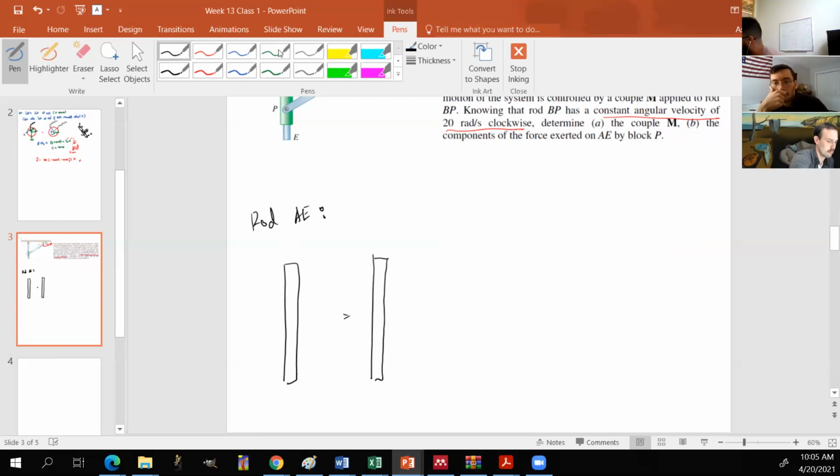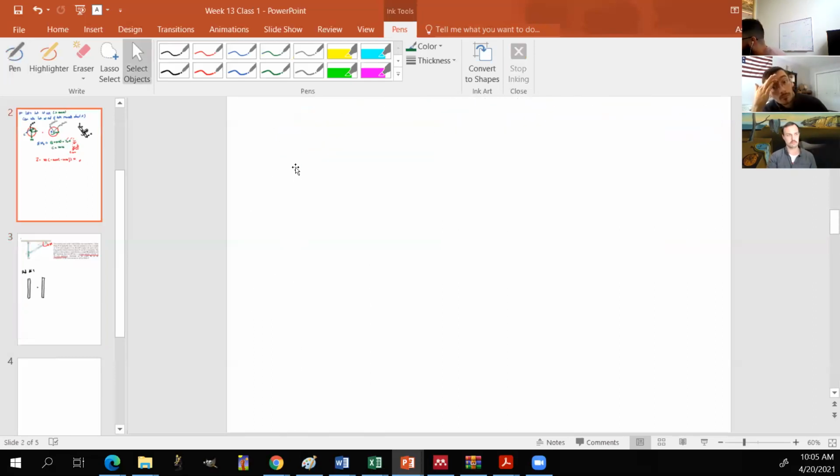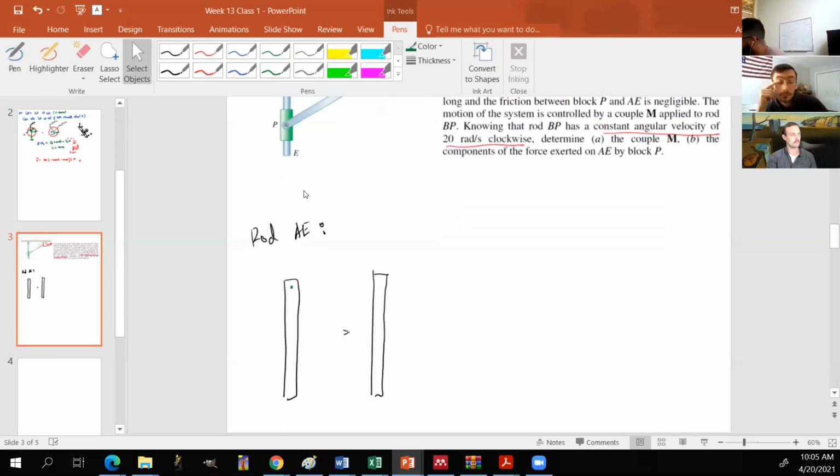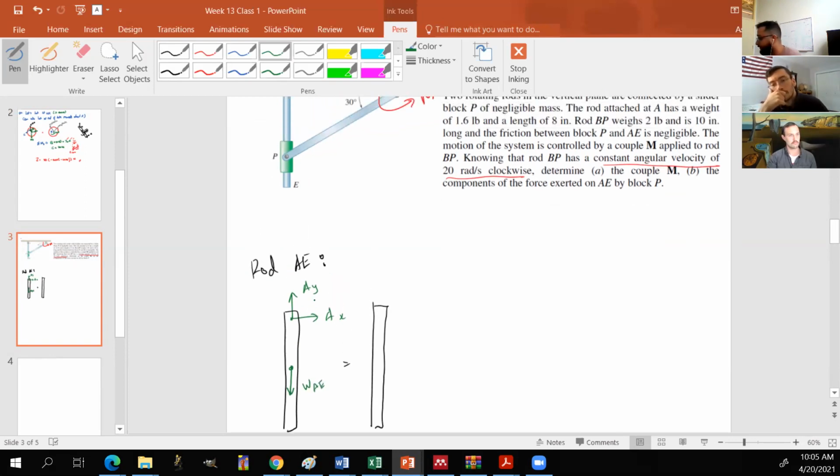So for the rod AE, you have the pin support at A, so you're going to have AX and AY. You're going to have the weight, which acts right at the center. So let's call that WAE. And what other force are we going to have on it?